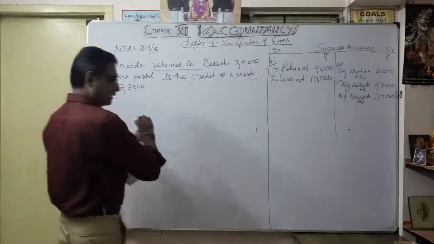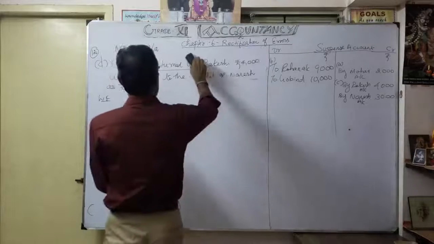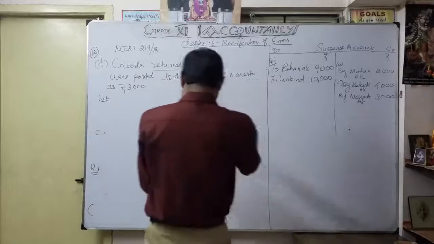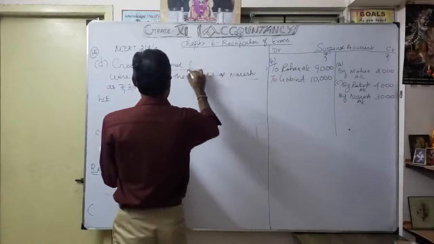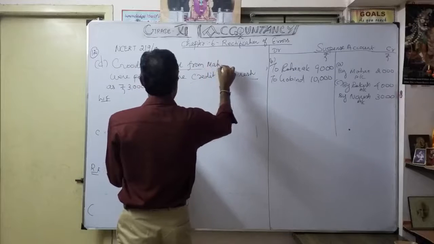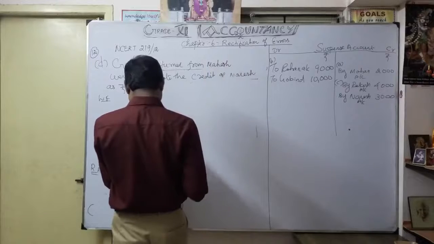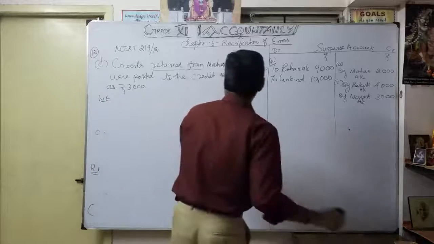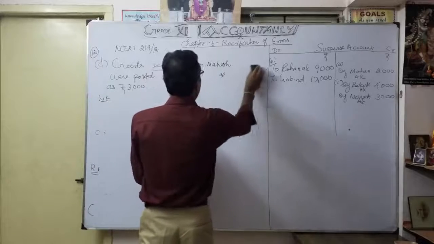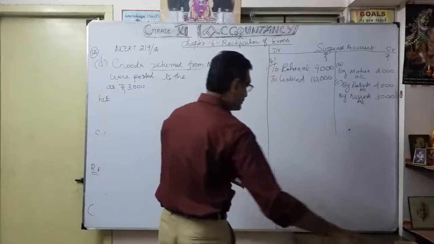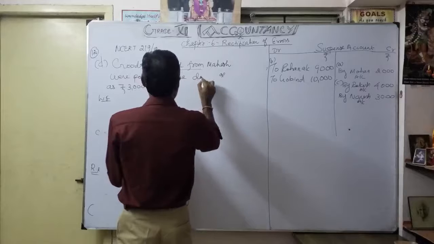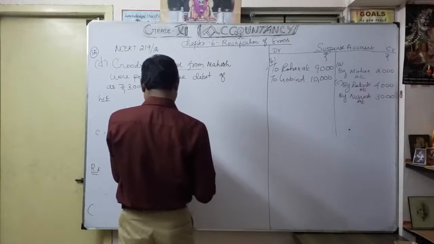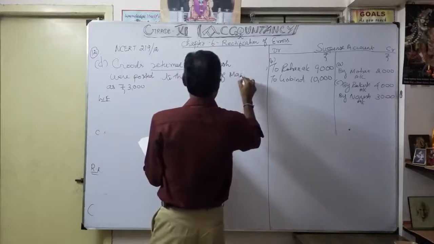Okay, so goods returned from Magesh, but posted to the debit of whom? Debit of Manish. Debit of Manish.